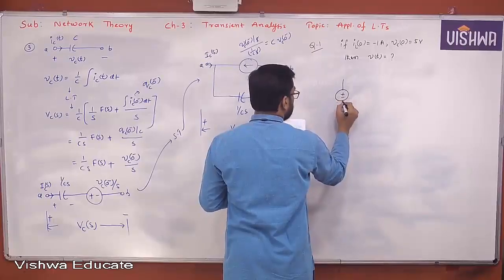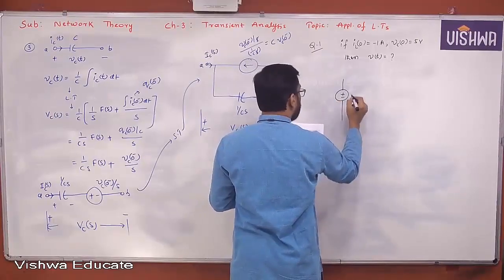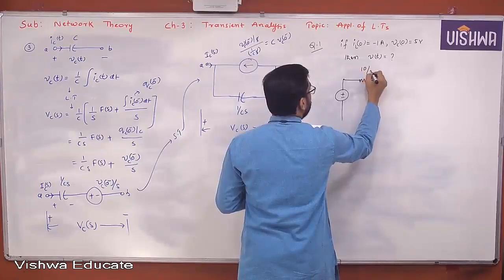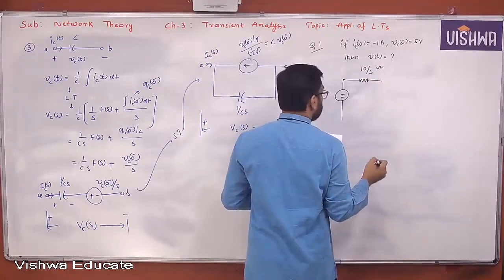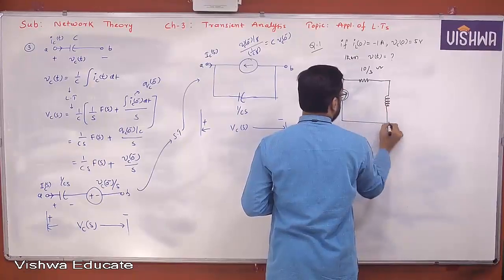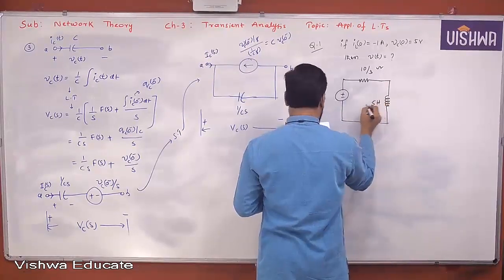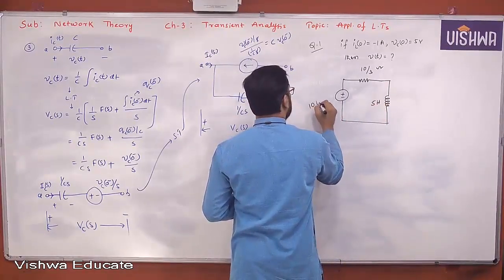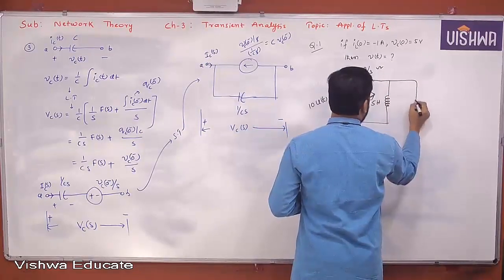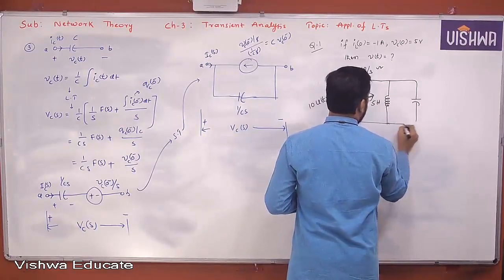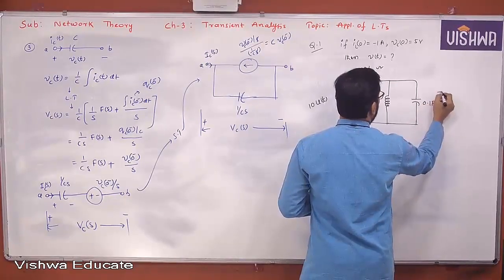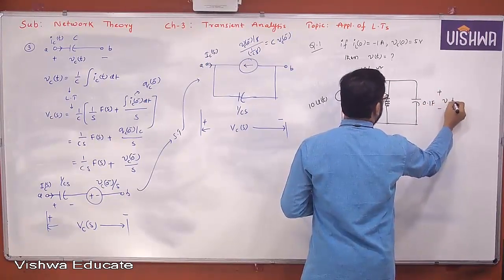All of you note down the classroom workbook, question number 1. This is 10 by 3 ohm, an inductor, 5 Henry, 10 U of t. This is 0.1 farad, V of t.